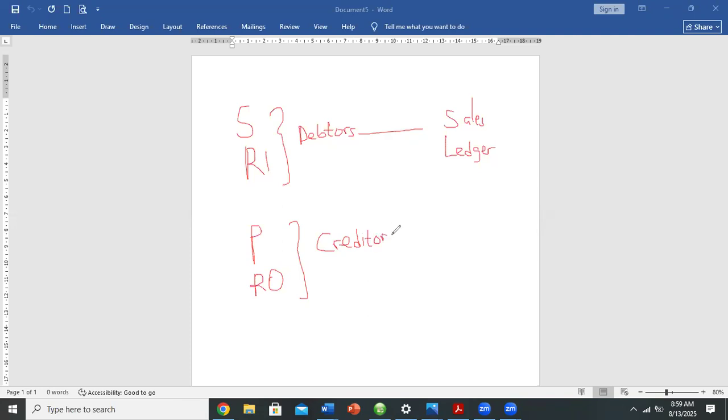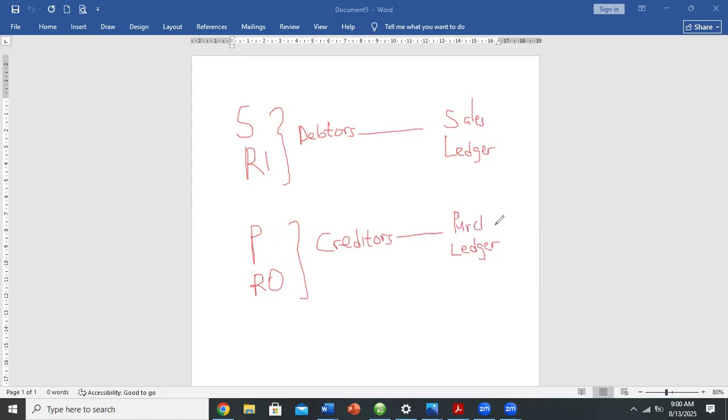Which ledger keeps account of creditors, professors? This is the purchases ledger. Very much. The purchases ledger, right? So all the entries in the purchases day book and return outwards will go to the purchases ledger.